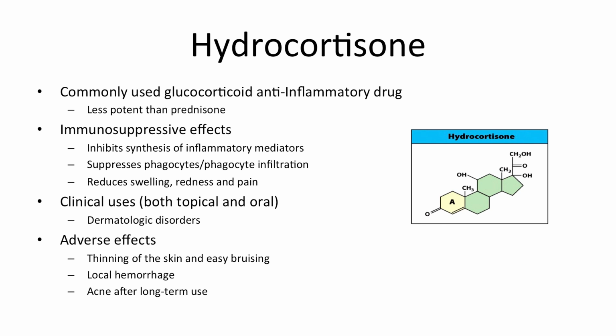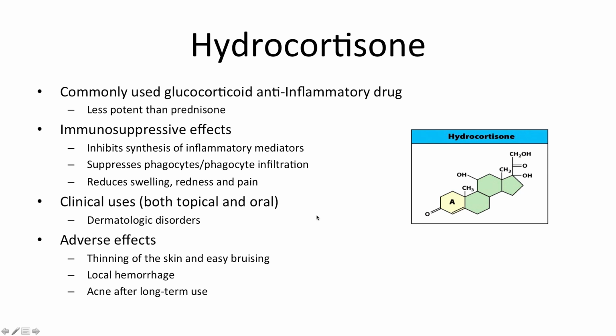Another commonly used glucocorticoid anti-inflammatory drug is hydrocortisone. It is a lot less potent than prednisone, and it has a few immunosuppressive effects. It can inhibit the synthesis of inflammatory mediators, as I pointed out earlier. It can suppress the infiltration of phagocytes and therefore reduces swelling, redness, and pain.